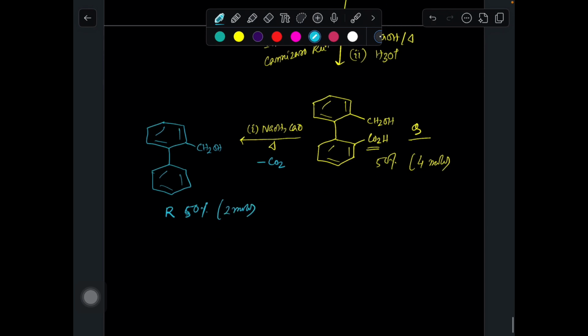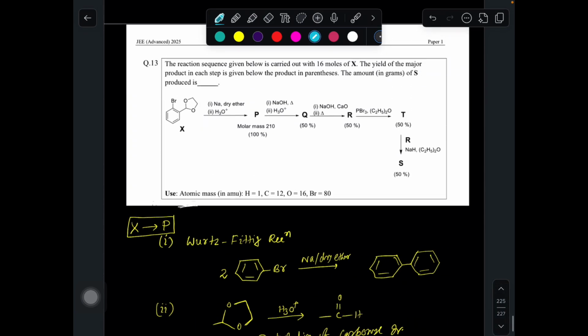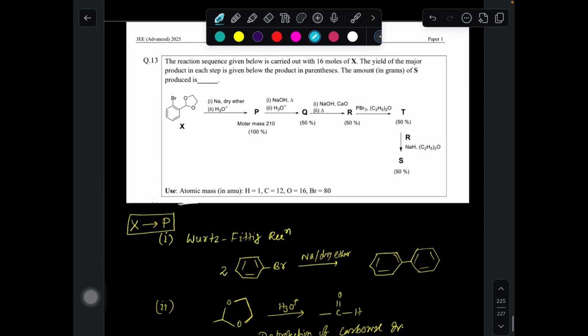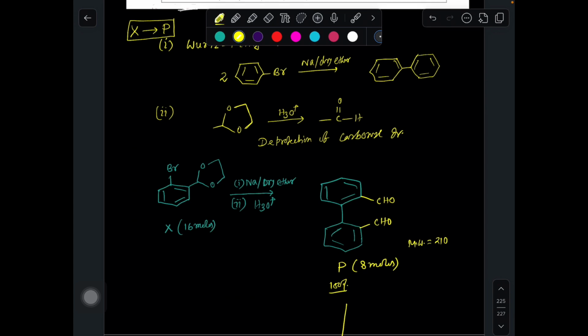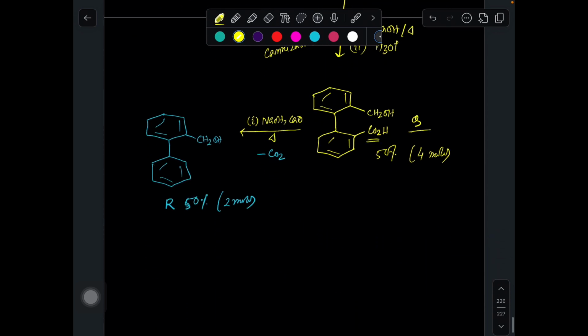Now from R, the next step is PBr3 and diethyl ether.